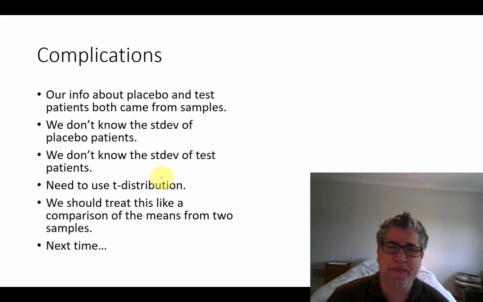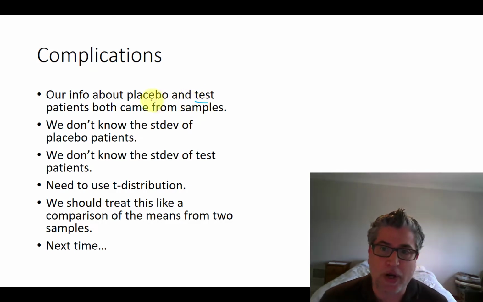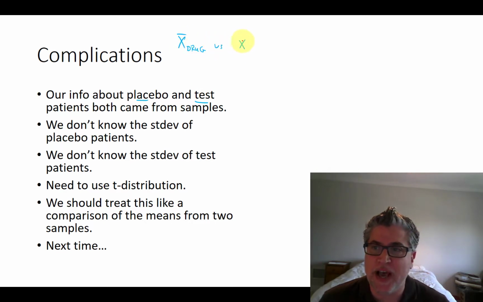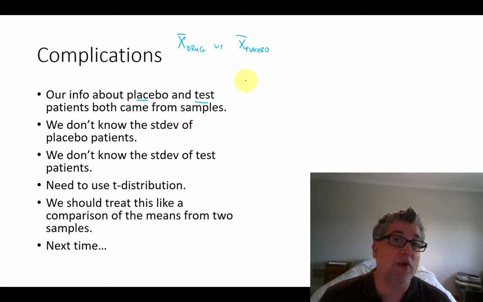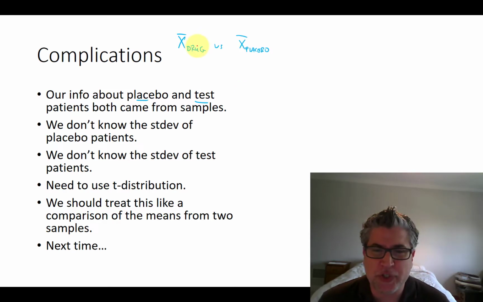There are some things that we should keep in mind. Usually, you're comparing the effect of the drug to a placebo, and so really you should be comparing the average from your drug versus the average from a placebo. I compared it to the overall population of non-drugged people. Really, what we should be doing is comparing samples, some that got the drug, some that got the placebo.